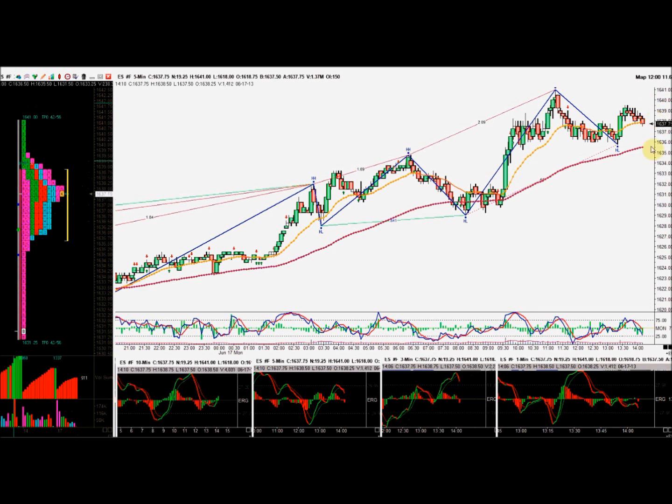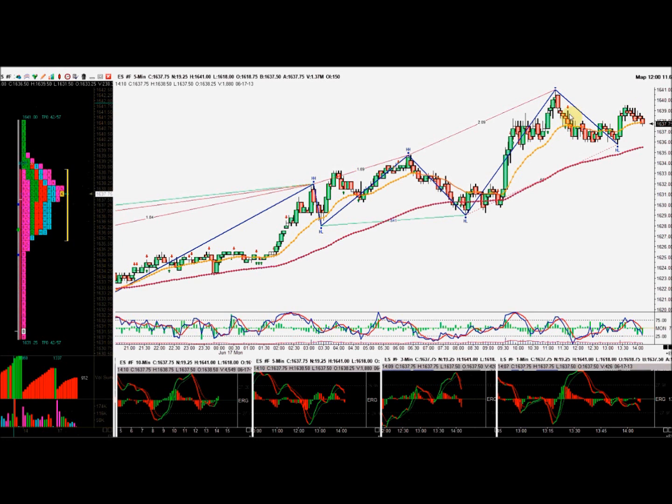So if I go down and hit this 1635.5, I might look for a little bit of retracement, and I'll get out at about the 1638 because it could take off. So I'll have about a 3-point stop there. I could get stopped out, but if the move takes off, it could be a really big profitable move.